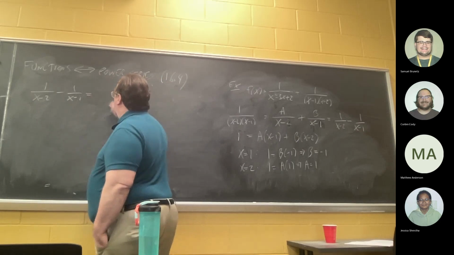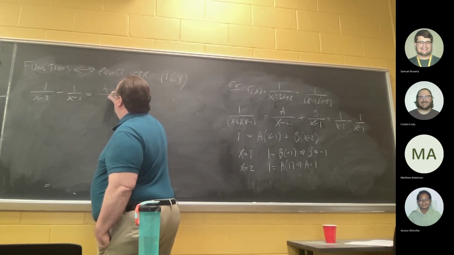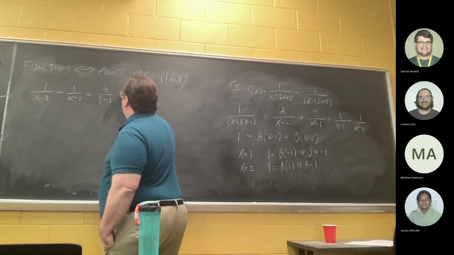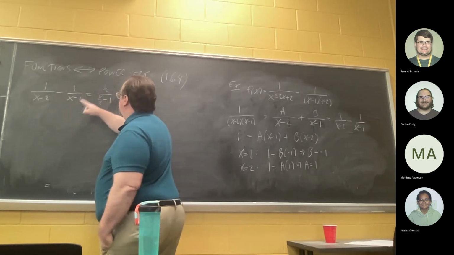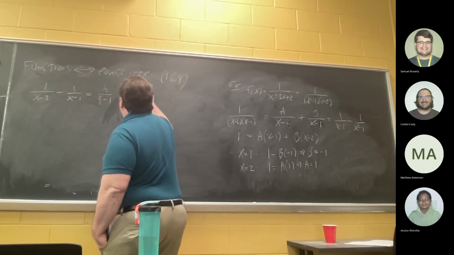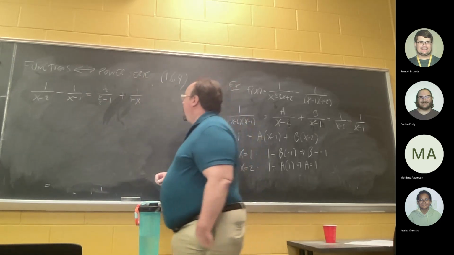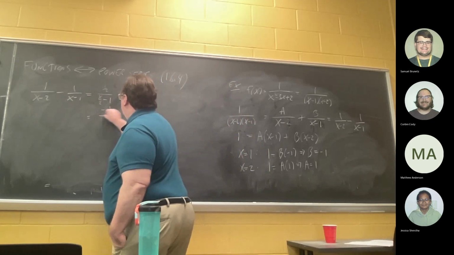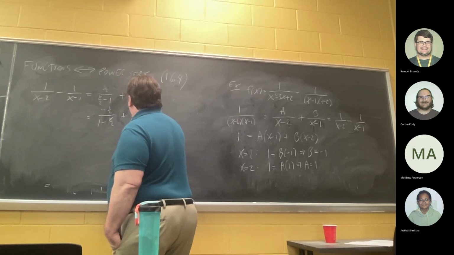So in the first fraction, I'm going to multiply and divide by 1/2. And I'll write the other fraction as plus 1 over 1 minus x. That one already is in the right form. So I'll have minus 1/2 times 1 over 1 minus x over 2, plus 1 over 1 minus x.